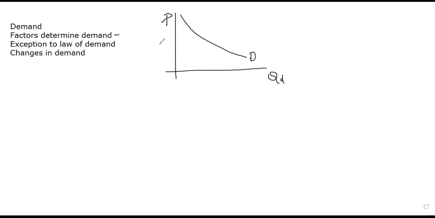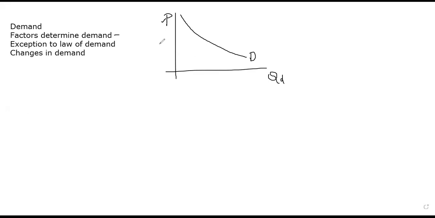Then we had subjective factors like taste and preferences of the consumer. Then the government plays a very important role in deciding the quantity of a commodity demanded by the consumer. Then we have other factors like, for example, natural calamities, and some unforeseen issues that come across.